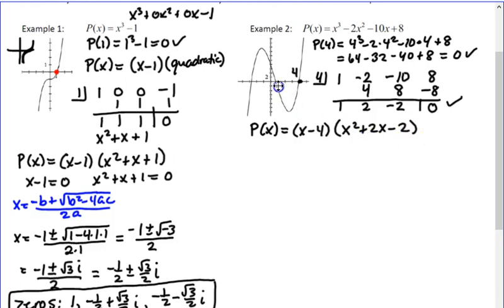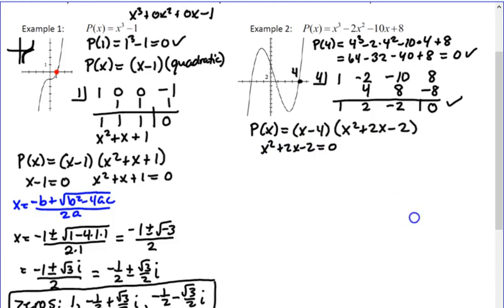If it had factored nicely, I would have ended up with nice numbers as it crossed the x-axis here. So I'm going to have to use the quadratic formula again to find the result of x squared plus 2x minus 2 equals 0. So here I have a is 1, b is 2, and c is negative 2.